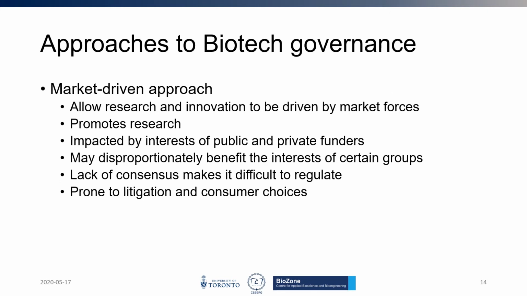And also it's prone to litigation and consumer choices, which don't always have a guiding moral framework. It may be more based on the interests and rights of different people that are most concerned with the technology.